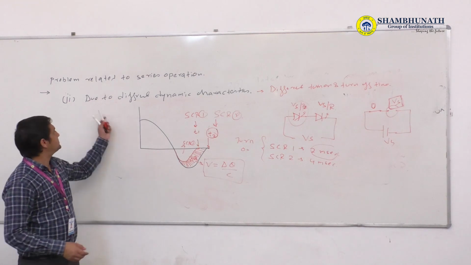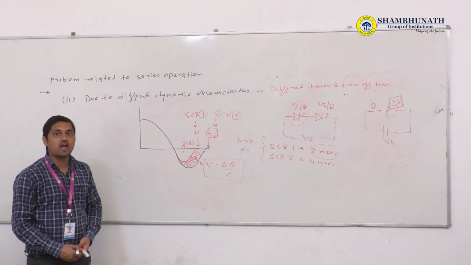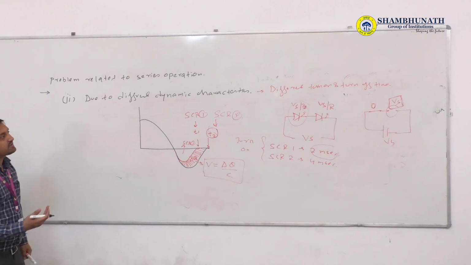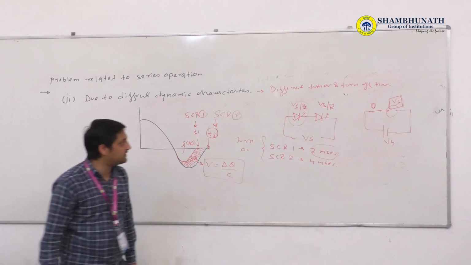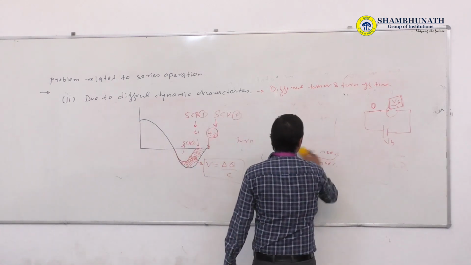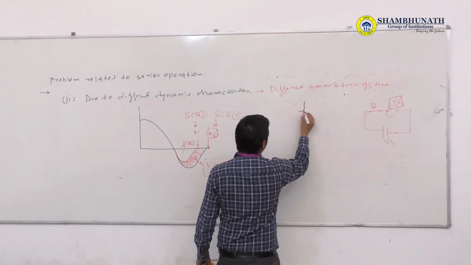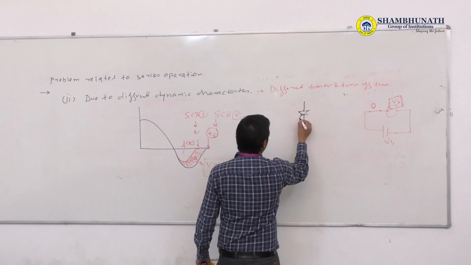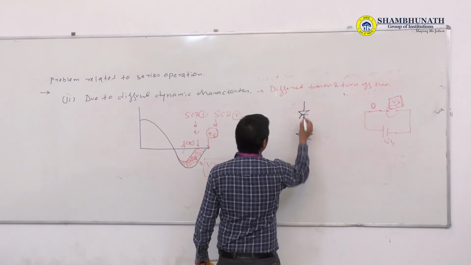To remove this difference in dynamic characteristics of SCRs, we have to connect a capacitor across each SCR. Here thyristor 1, here thyristor 2.